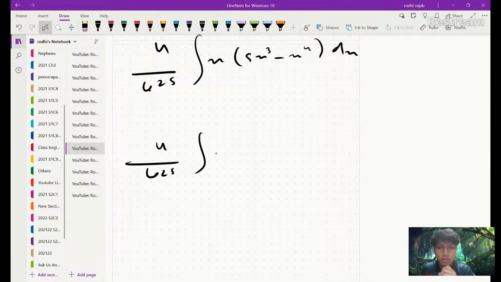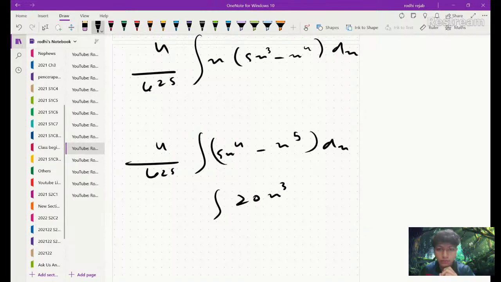4/625 integrate 5x^4 minus x^5 dx. So we will get x^3.